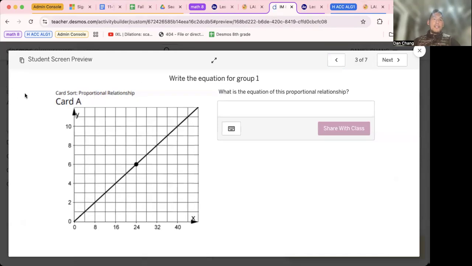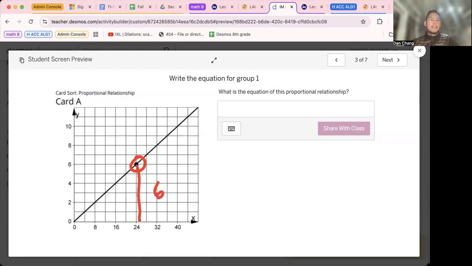And this should be pretty straightforward. So the way to write the equation is, you look at your point. You've already calculated what the slope of this line is.